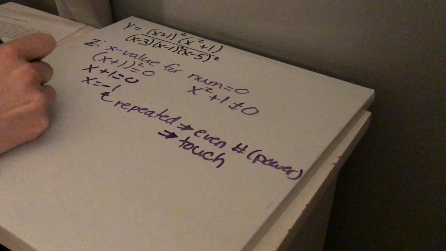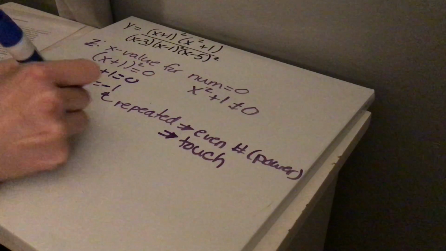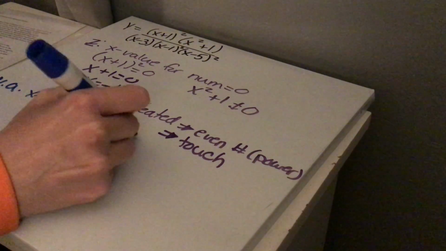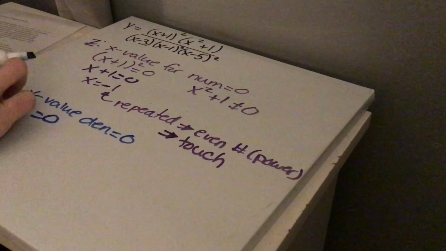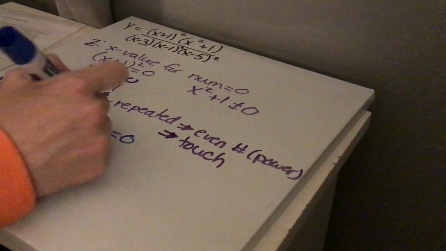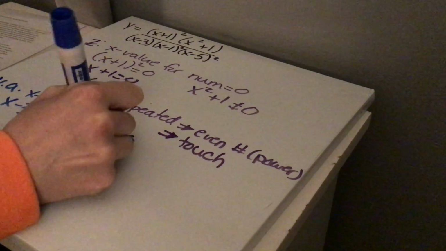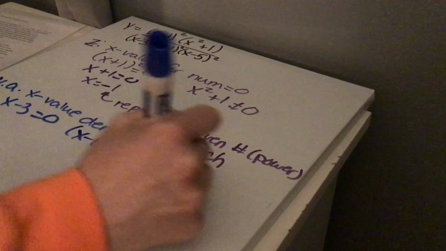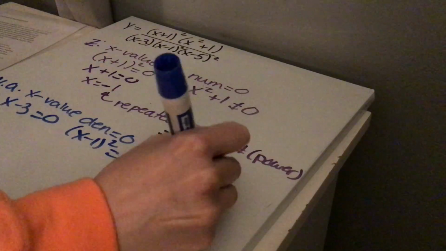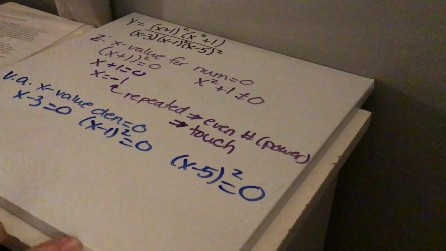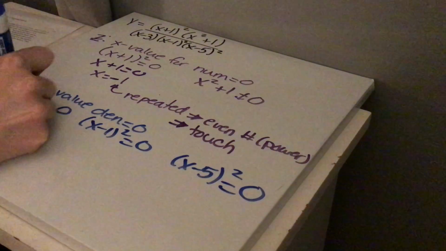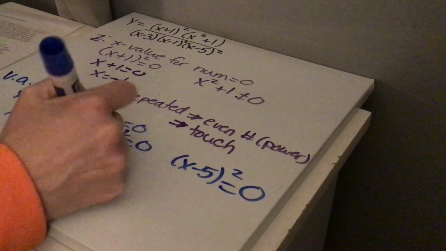Okay? Then you find your asymptotes, and that's x values that make your denominator 0. So x minus 3 could equal 0. X minus 1 squared could equal 0. And x minus 5 squared could equal 0. All possible values. And then solve for x. So we're going to add 3 here.